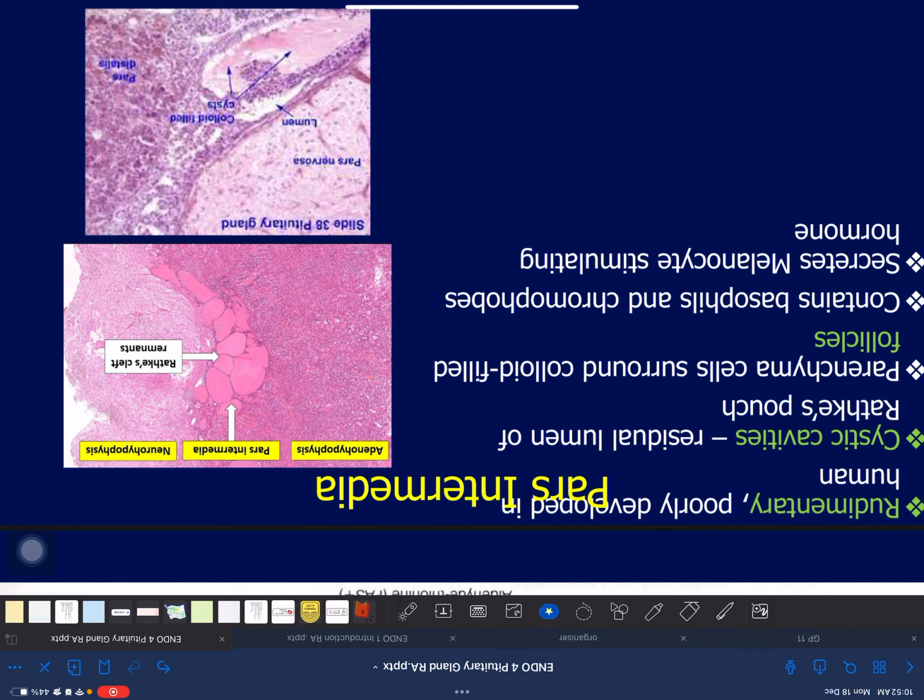Okay, so parenchyma cells surround the colloid-filled follicles and contain basophils and chromophobes and secrete melanocyte stimulating hormone. Okay, this is the pars intermedia. So it is somehow difficult to appreciate in the slide as well because it is poorly developed in human, more in animals. Okay, and if present, it has cavities, cystic cavities. This is how we differentiate the pars intermedia in the slide.